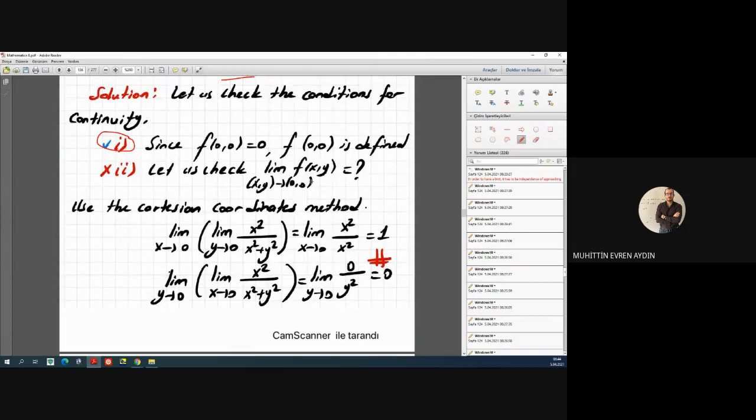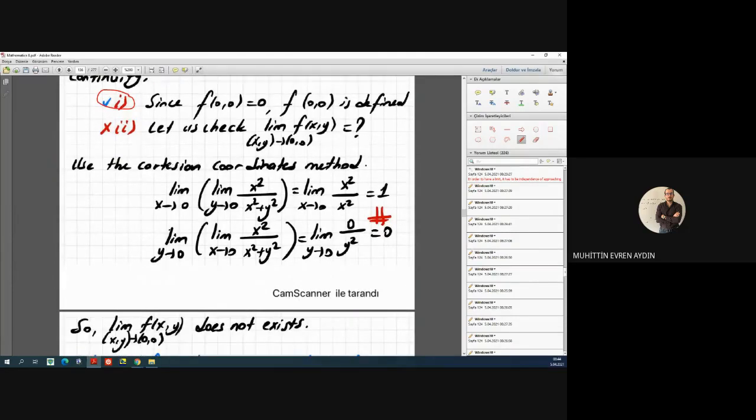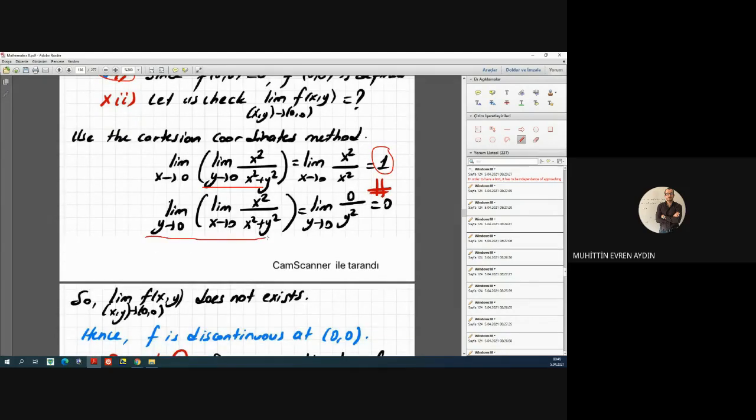Let's check the limit. And we may use the Cartesian coordinates. We mean firstly this approach, and we obtain a limit 1. And with the second approach, we have limit 0, which means that the limit doesn't exist. If the limit doesn't exist, then we have discontinuity.